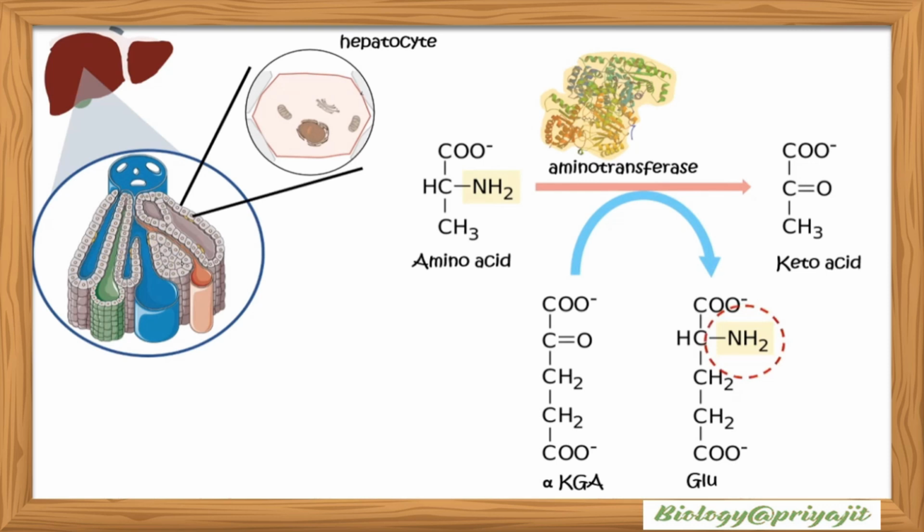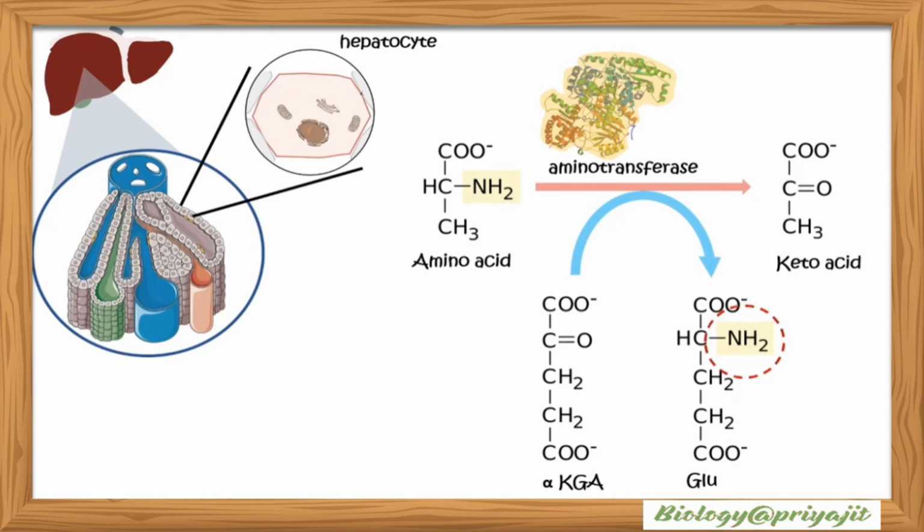So the first step is the breakdown of amino acids into glutamate, or funneling them into glutamate, and it happens inside the liver hepatocyte. In the liver hepatocyte any amino acid is converted into a keto acid in a process known as transamination, which is an amine group transfer reaction.